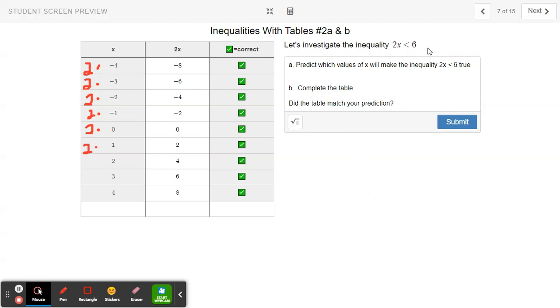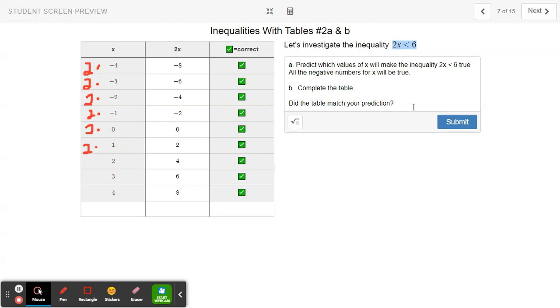Again, we're looking for less than 6. And you have to decide, did your prediction match? When I look at this, I would say, oh, it's got to be less. So I predict that all the negative numbers for x will be true. Is that true? Yes, they were all less than 6. When we put a negative in for x in this expression, it does make the 2x less than 6. Now, interestingly, I also noticed there are some positives.